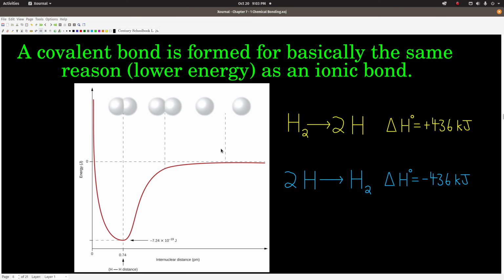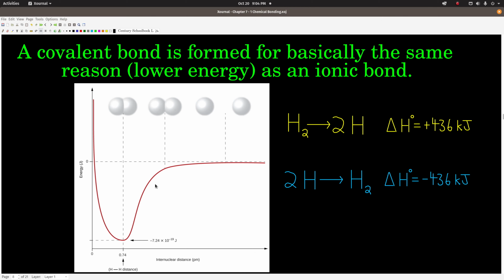If we look at this graph right here, if we start out with 2 separate hydrogen atoms far away from each other, the energy of this system we'll call 0. Now as we bring these 2 atoms together, remember a hydrogen atom has 1 proton, 1 electron. As we bring them together, what happens is those electrons on one atom start to feel the positive charge in the nucleus of the other, and vice versa.